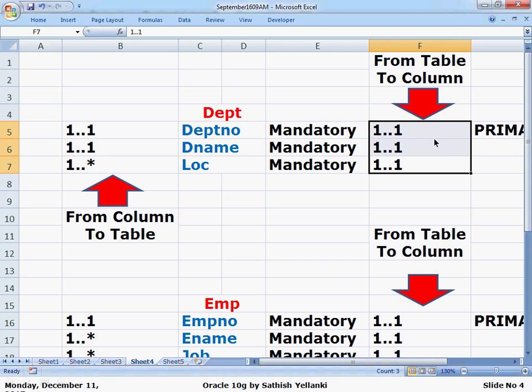So, this is not my rule. This is a rule of RDBMS. First understand this. Now, definitely a student will get one doubt. If there is a column that is 1-to-many, I am not saying that 1-to-many should not be there. In the business, it can be there. But when you design the table, finally it should be 1-to-1 only.